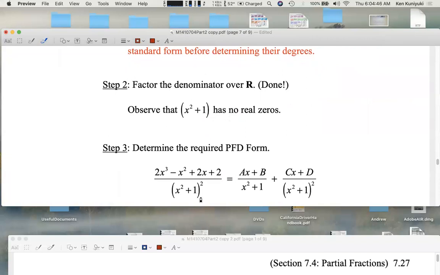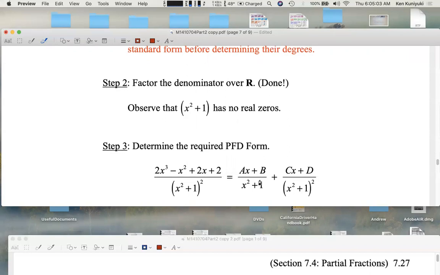Here it is. So we run up to the power. In the denominators, we have x squared plus 1, all to the first, basically, and then x squared plus 1, all to the second. If that were a cube over there, we'd need another fraction that looked like these guys, with the cube on the bottom. And in the top, we need linear forms. Remember, slope-intercept form was y equals mx plus b, right?